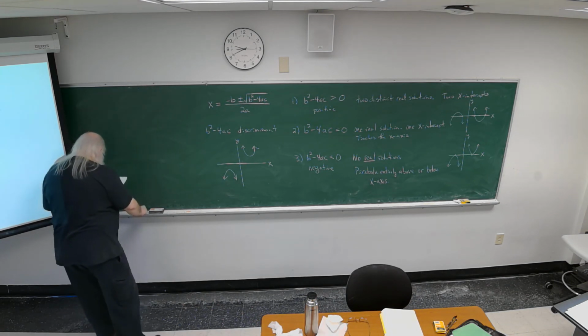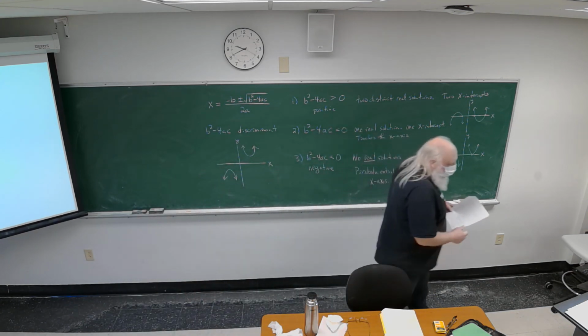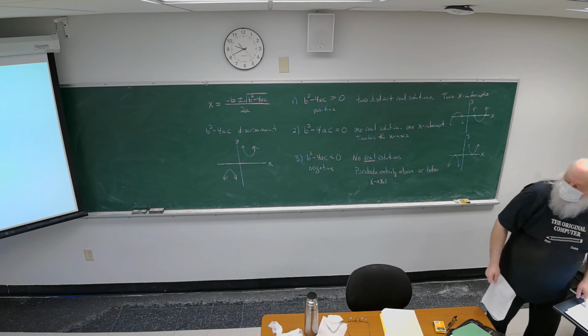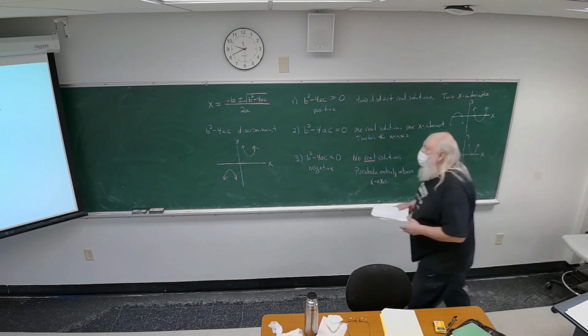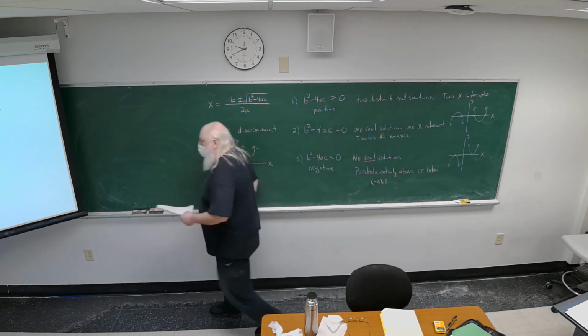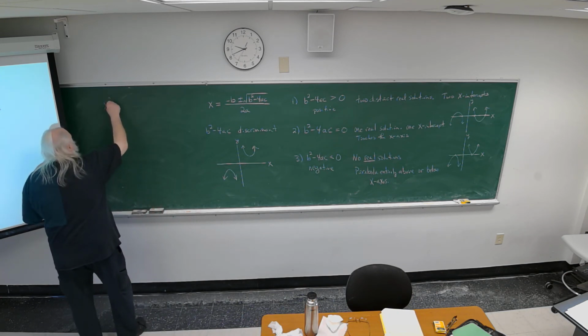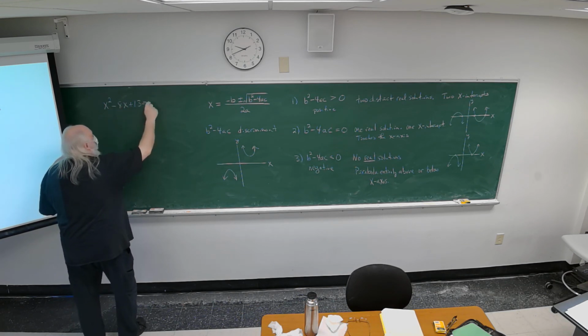So let's do a couple of problems using the quadratic formula. Again, you might want to draw a line down the middle of the page. Use the quadratic formula to solve the equation x squared minus 8x plus 13 equals 0.